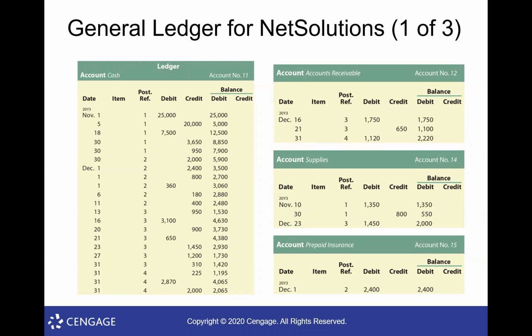This is one of those things that once you do it a few times, you realize it's incredibly easy. Each time I do an entry, I put it over to the ledger so that I can know the balance. In the old days, and the reason these are called books, you had a book that was split into sections, and the first section was the journal. You'd record your transactions each time they happened in the journal.